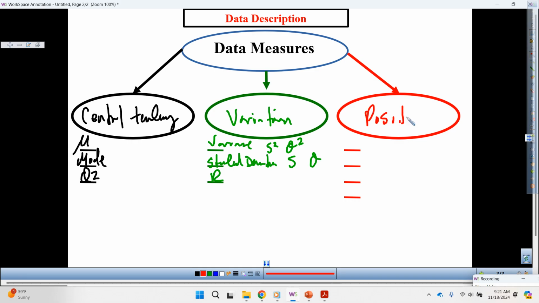Position. And they are? Percentile. Okay. Quartiles that we've been covering so far. What is it? Oh, standard scores. Okay, standard scores or Z-score.